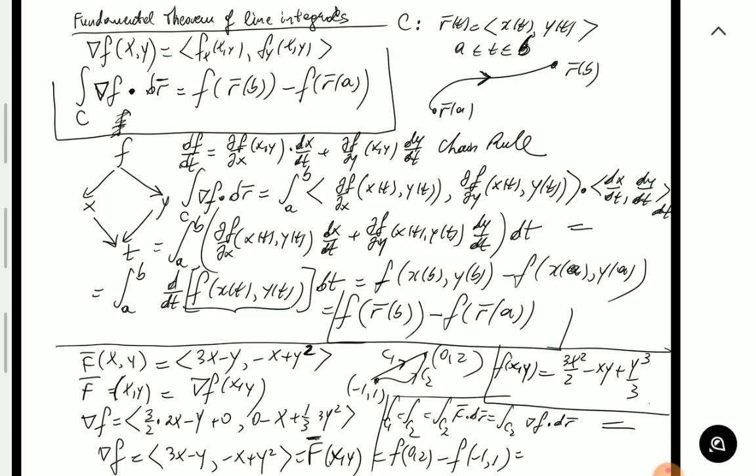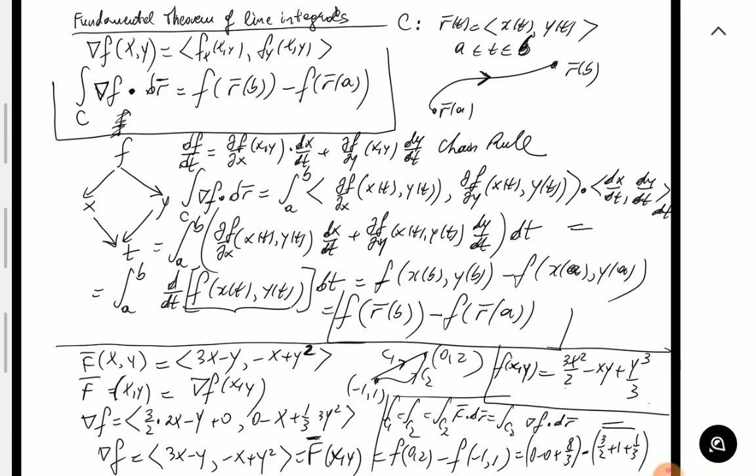So if I plug in 0 for x, that's going to be 0 minus 0 plus 2 cubed over 3, which is 8 over 3, from which you subtract, let's pay attention here, we have minus 1 for x, so that makes it 3 over 2 minus negative 1 times 1, that makes it plus 1, and then plus 1 over 3. So we have 8 over 3 plus 1 over 3, that makes it 9 over 3, which is 3.